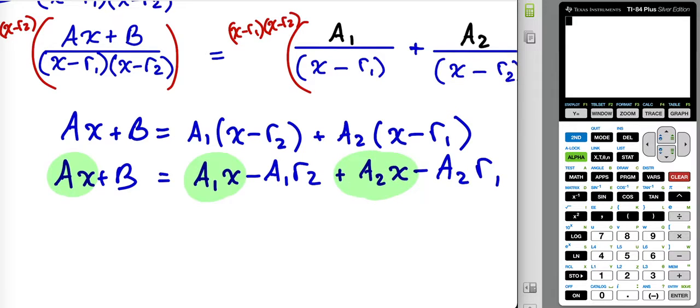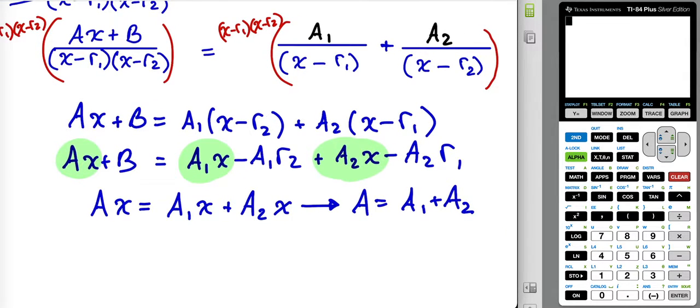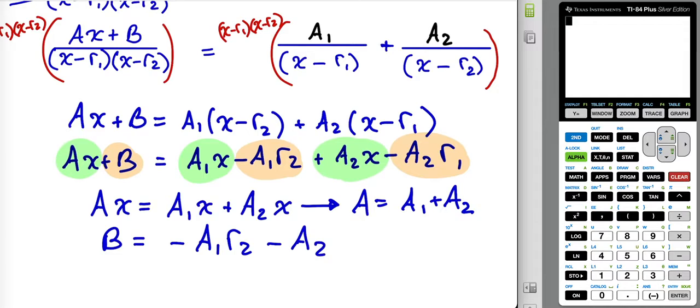So ax is really equal to a1x plus a2x, which leads us to conclude that a has to be the sum of a1 and a2. Those two coefficients have to combine to give us the coefficient of a. B, on the other hand, has to be the sum of anything that did not contain an x. So b is going to be equal to negative a1 r2 minus a2 r1.